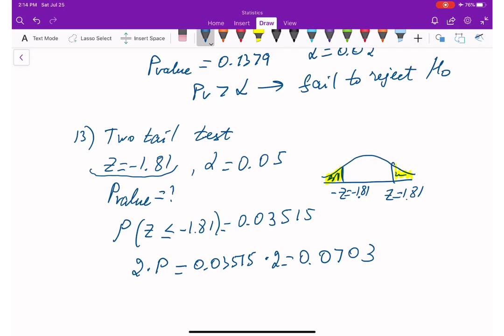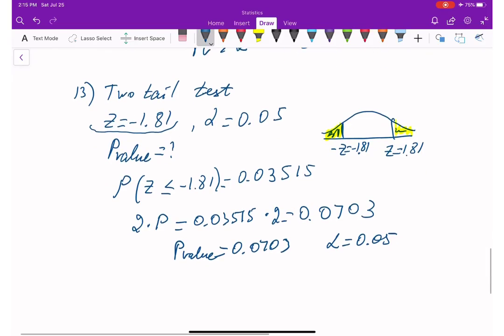Okay, now next we need to find out, are we going to fail to reject or are we going to reject our null hypothesis. All right, so let's see, the p-value is 0.0703. Our alpha is 0.05.